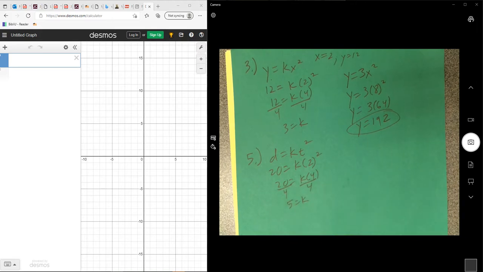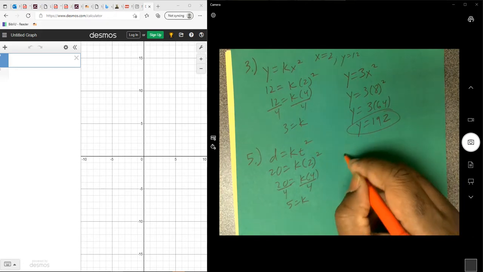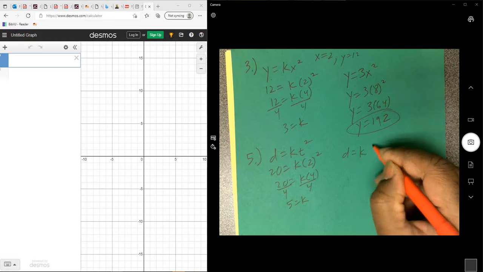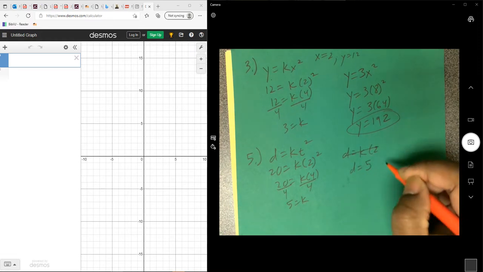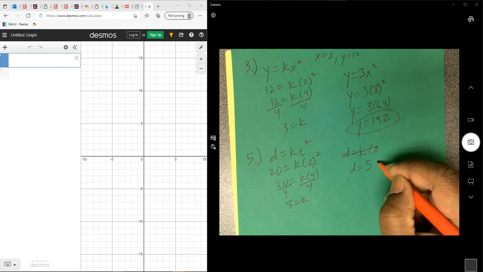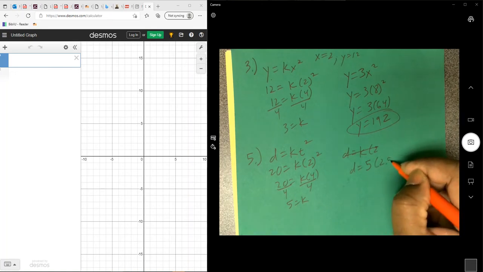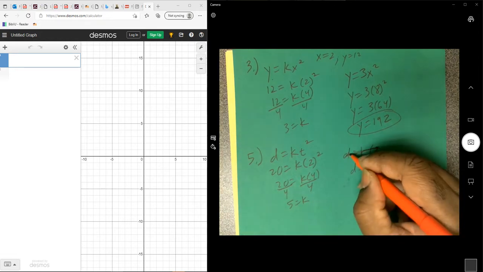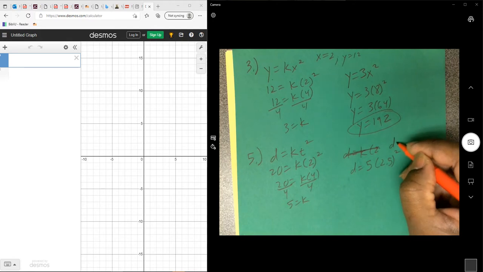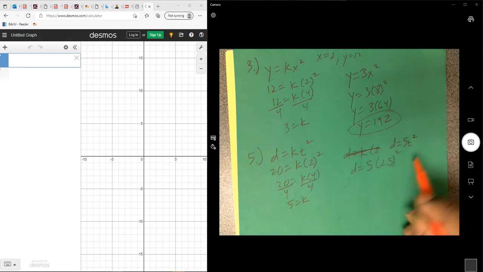So now they tell us here, how far would she fall in 2.5 seconds? So D is equal to 5 times, and then we will substitute in the 2.5 squared. So 5 will replace K, and as a matter of fact, I didn't write out the general new formula. The general new formula is D is equal to 5T squared, because K is 5.